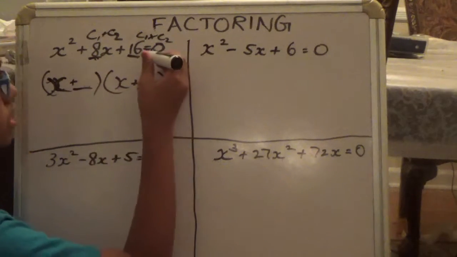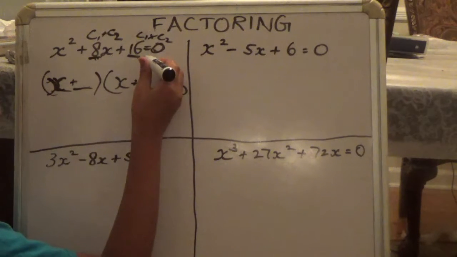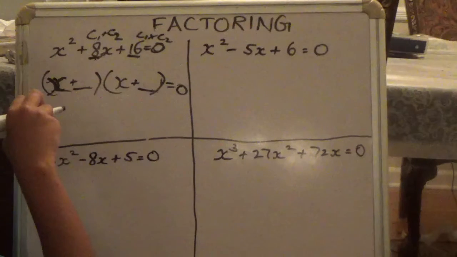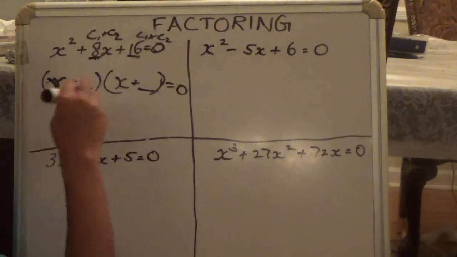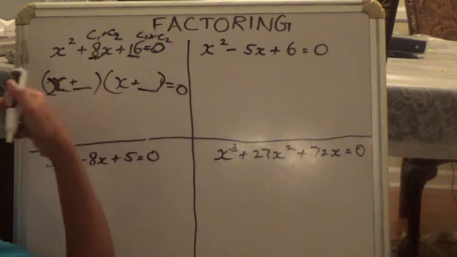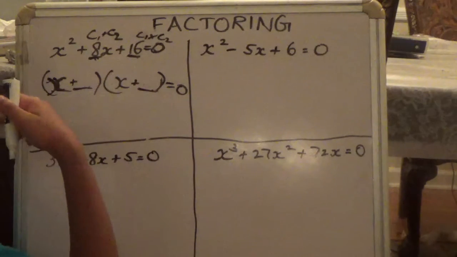Okay, so 16 can be, okay, so the factors can also be negative. We have to find the factors of 16 because the factors are the possibilities of c1 and c2.